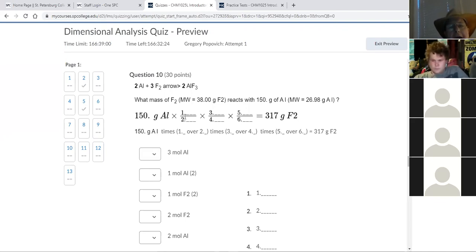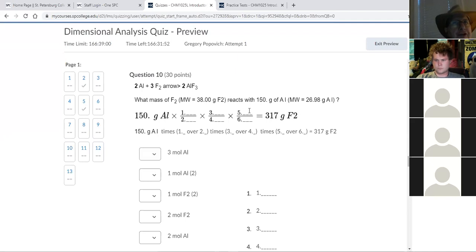So when I put 1 mole over the atomic weight of aluminum, grams of aluminum cancels with grams of aluminum, and I'm left with moles of aluminum. I then figure out my molar ratio. That would be the coefficient of the sample we want, which is the F2, divided by the coefficient of the sample we want to get rid of.